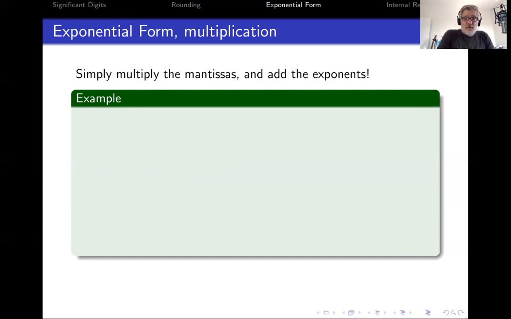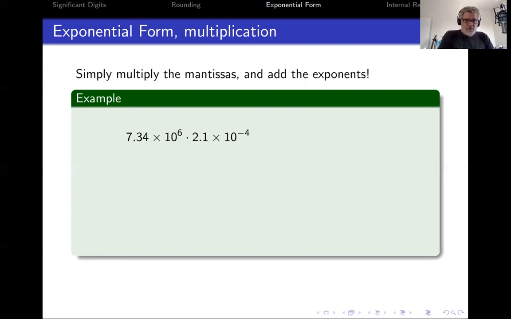So let's start with the simplest of all the operations in this form. It's multiplication. So how do you multiply two numbers written in this form? You multiply the mantissas and you add the exponents, right? When you're multiplying 10 to the power n times 10 to the power m, it is 10 to the power n plus m, right?